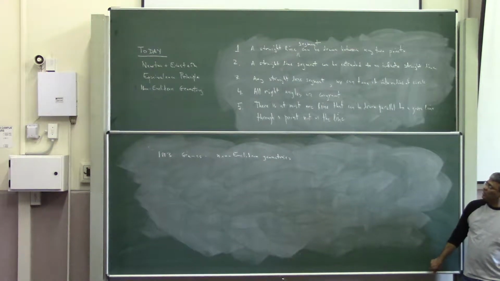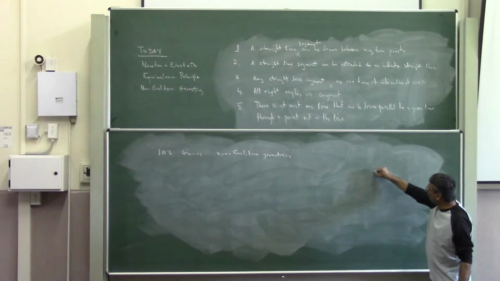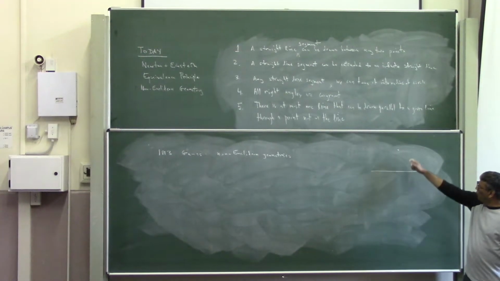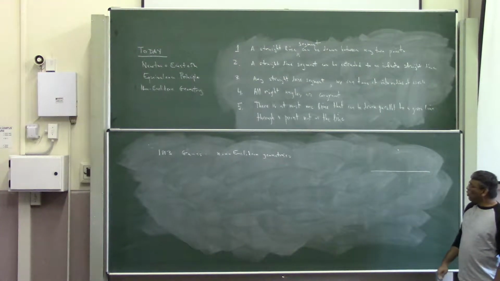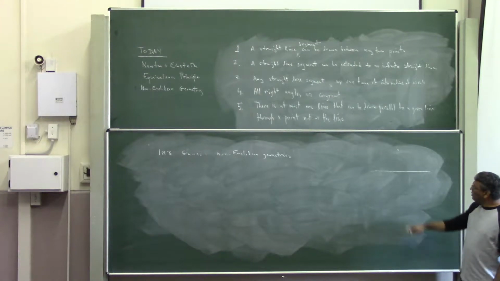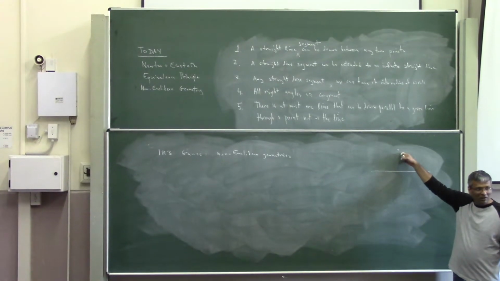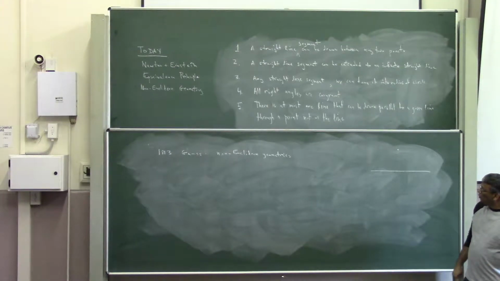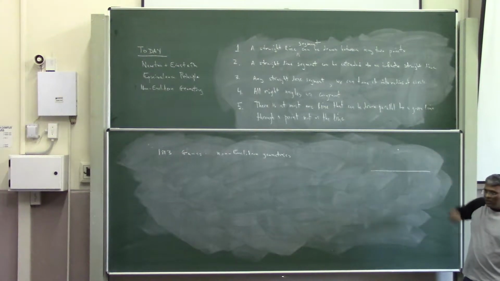You give it a line, give it a point not on the line, you can imagine that through this point, there are no lines which are parallel. Or you can imagine that there are infinite lines through this point that are parallel to this given line. Those are two different ways of refuting this fifth postulate.